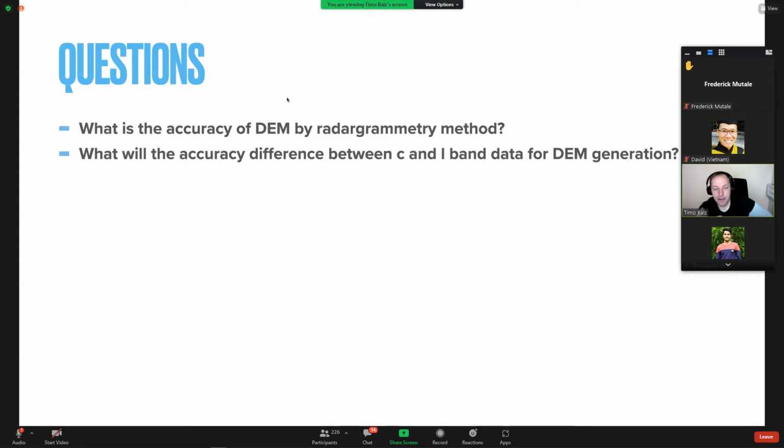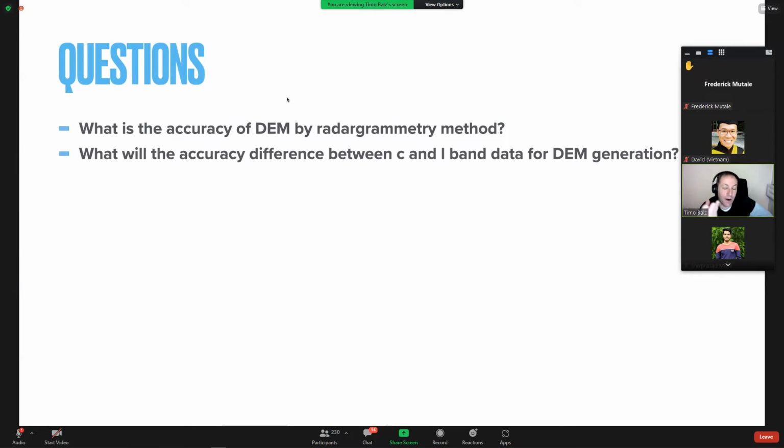Now, if you have 10 meter pixel size, then you will be more in the range of a couple of tens of meters. So it depends on the pixel size and then how finely you can identify the homologous points.